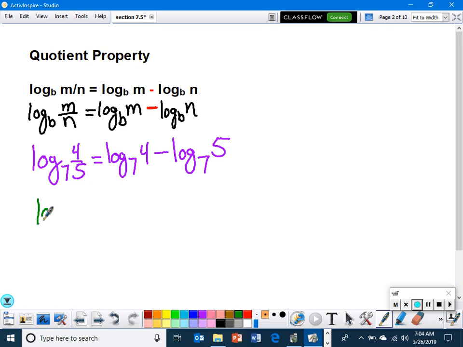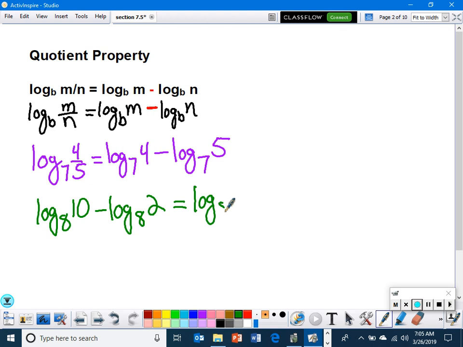Here's another one. Let's use log base 8 this time. So log base 8 of 10 minus log base 8 of 2. Now it's already split up, so I'm going to go backwards and put it back together.